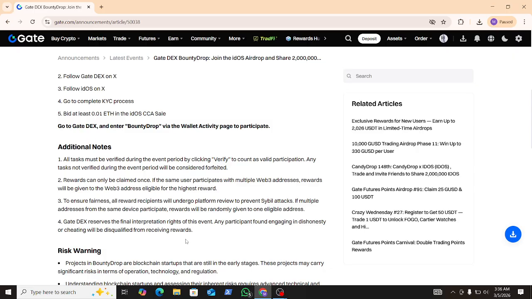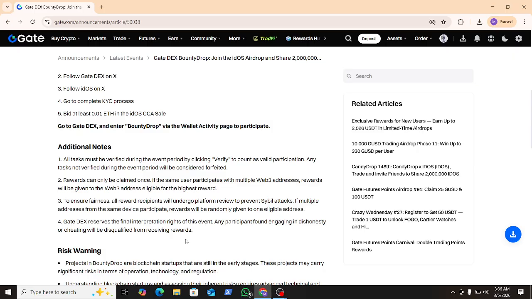Any task not verified during the event period will be considered forfeited. Rewards can only be claimed once if the same user participates with multiple Web3 addresses. Reward will be given to the Web3 address eligible for the highest reward.